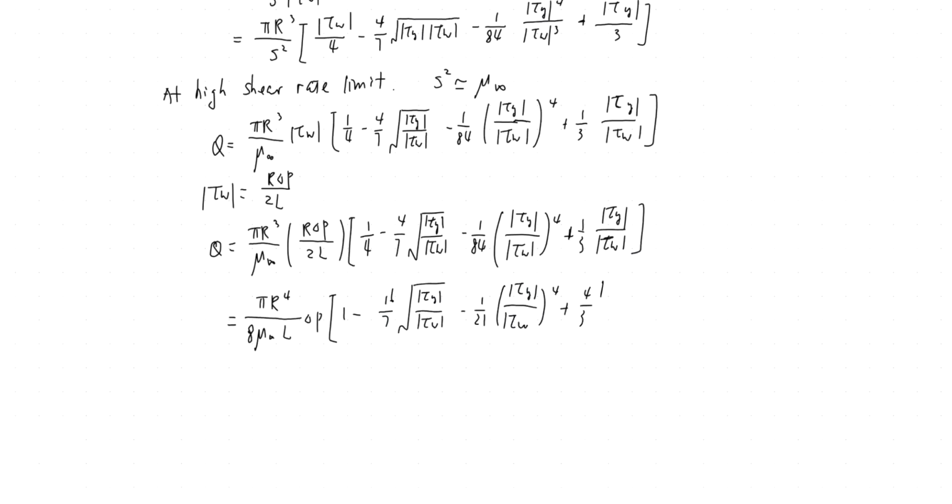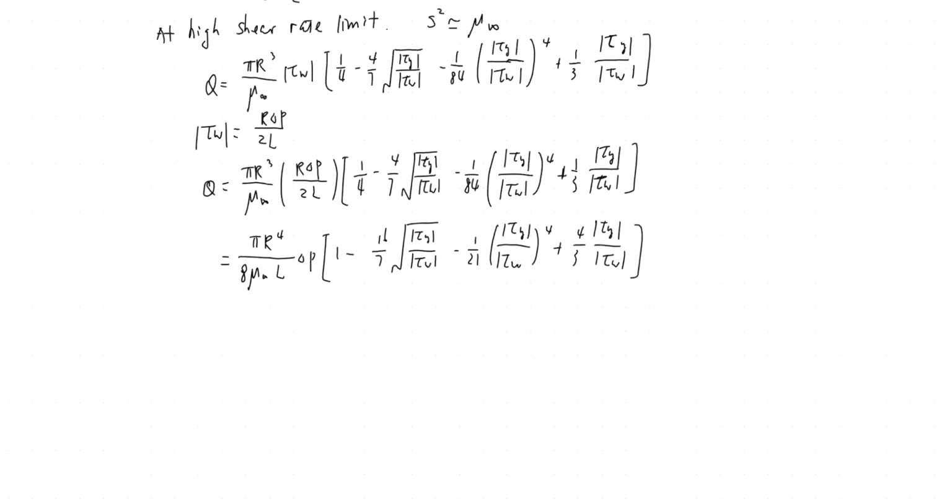Hopefully you recognize the first term. And see, the thing in the square brackets, as we mentioned, is a non-dimensional number. So if you put in real numbers, you will just get a number.